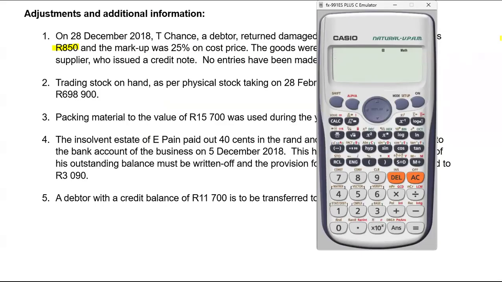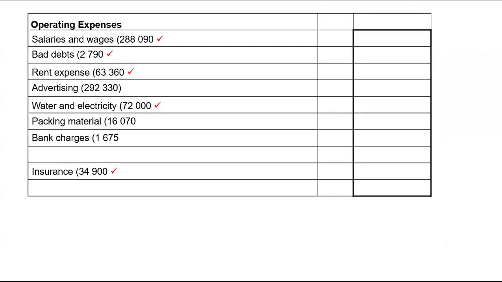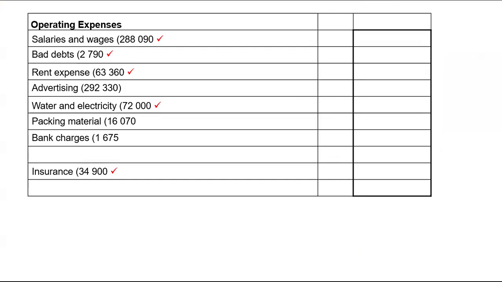meaning that the unused packing material will be the 16,070 minus the 15,700. The unused will be 370. The unused will be deducted from your packing material so that we only expense the used, which is 15,700.